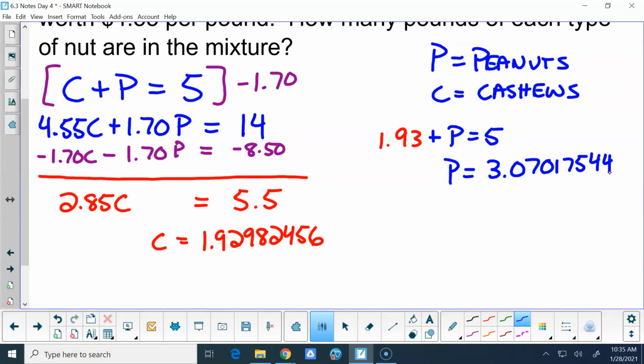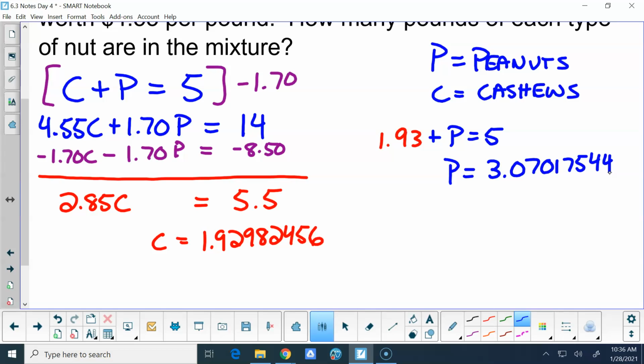But if this were like people, then these wouldn't make sense, because you can't have 0.9 of a person. But in pounds, it makes sense. So the point of this problem is, don't get scared because it doesn't come out to a whole number, or it's an ugly looking answer. That shouldn't scare us anymore.